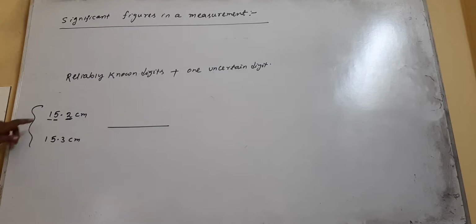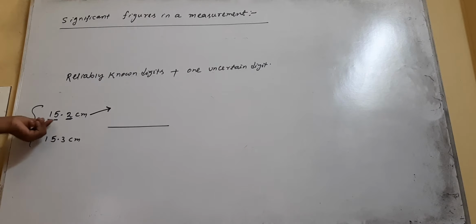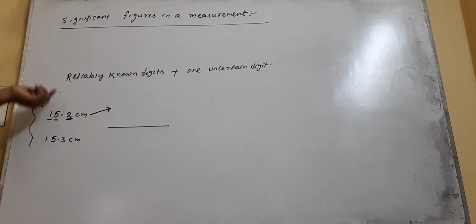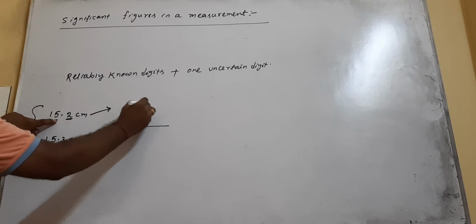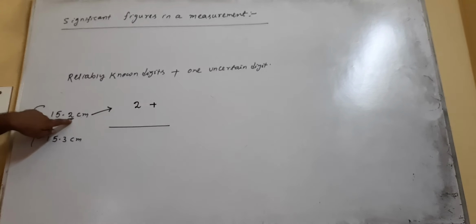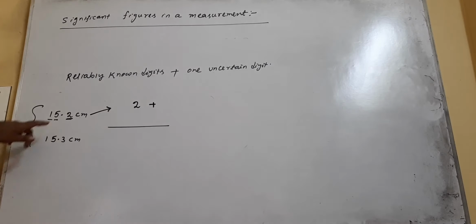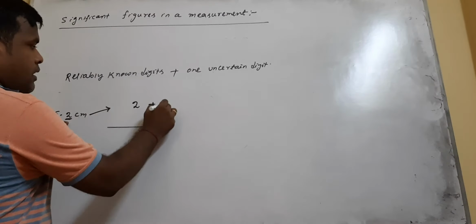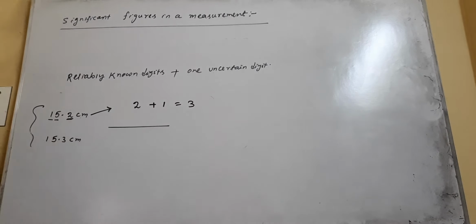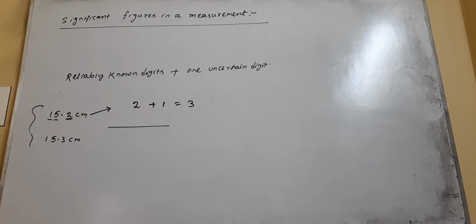So what is the significant figure in your measurement? The significant figures are these two certain digits, or reliably known digits, the digits upon which you have the confidence, that is 1 and 5, plus one digit, that is the uncertain digit. So the number of significant figures in your measurement is 3.